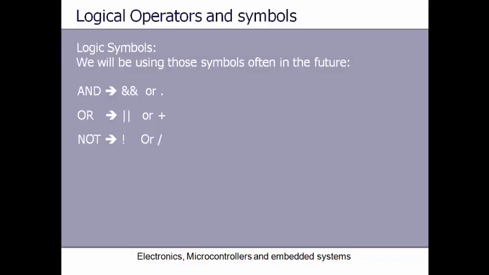The OR, as it says, is like a sequence where one result or the other is used, as two straight bars or a plus. The inverter is an exclamation point or a slash, as we will see.